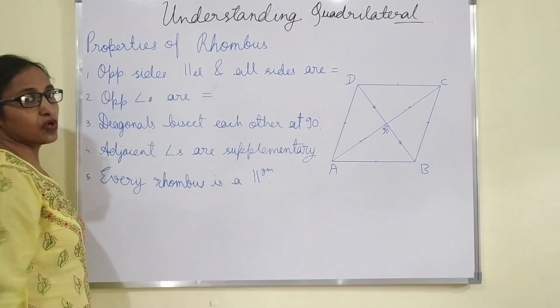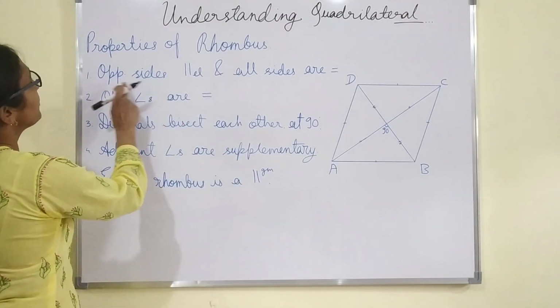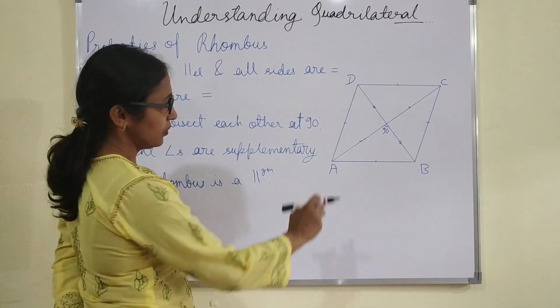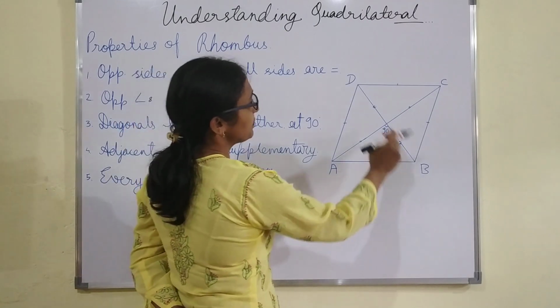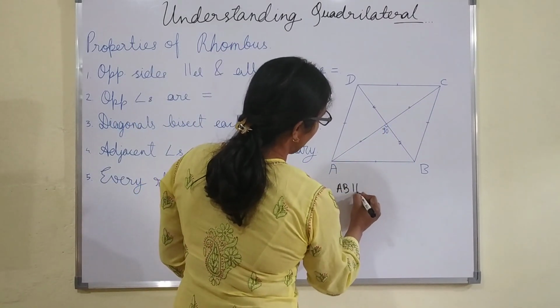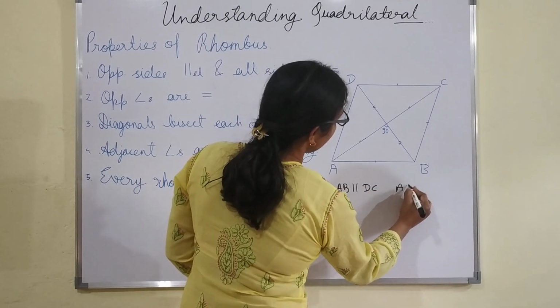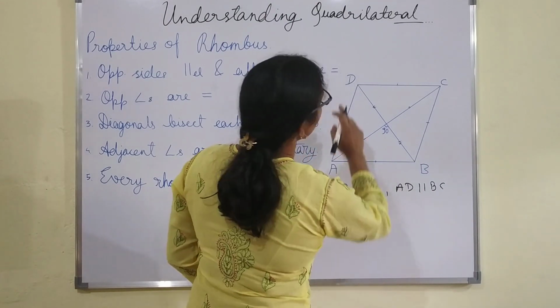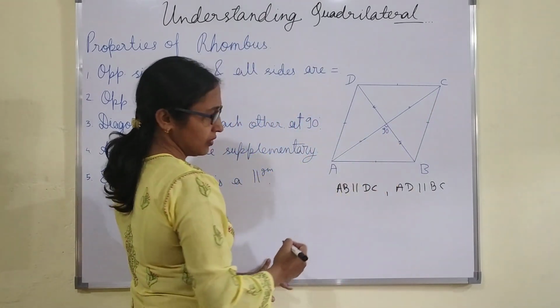Now, properties of a rhombus. Opposite sides are parallel and all sides are equal. Okay. So, AB is parallel to DC and AD is parallel to BC. But all sides are equal. Okay.